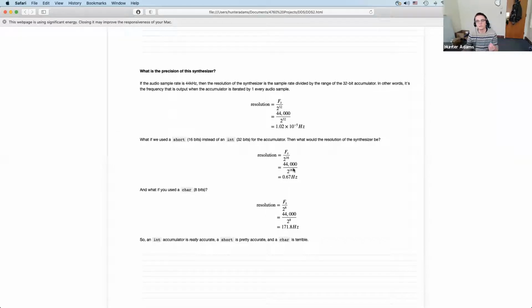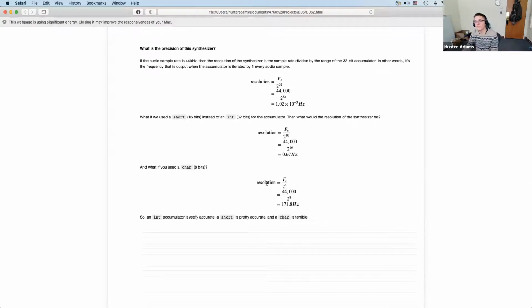And you can see the resolution of our synthesizer is now 0.67 hertz. So by eliminating 16 bits from our accumulator variable, the resolution of our synthesizer goes from 1.02 times 10 to the minus 5th hertz down to 0.67 hertz.